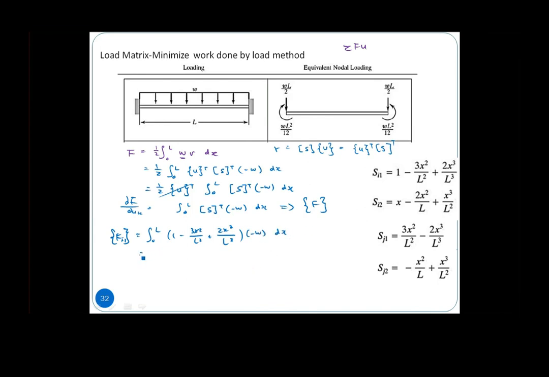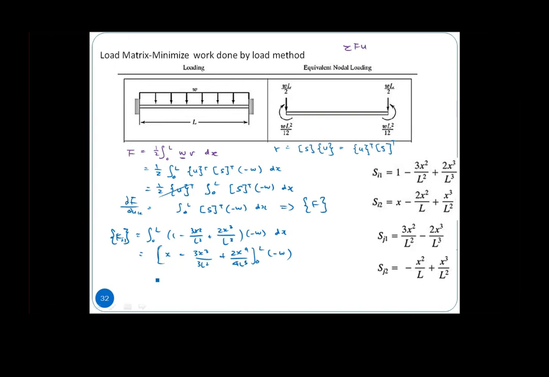So we also have x minus 3x cubed over 3L squared, plus 2x to the power 4 over 4L cubed, from 0 to L, times minus W.